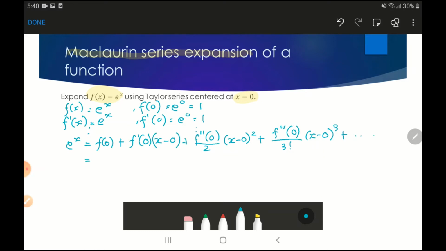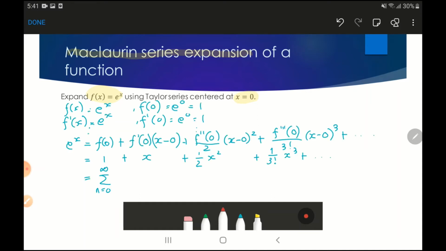So we have f(0) is 1, plus 1 times x, which is just x, plus 1 over 2, it's half x squared, plus 1 over 3 factorial, I won't evaluate the 3 factorial just to make it easier to find the general term, x cubed, and so on.